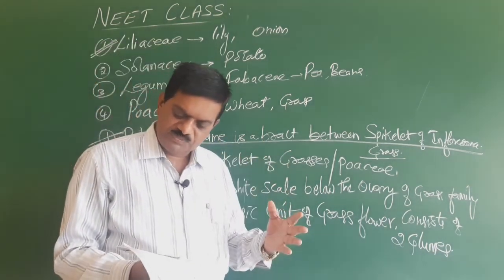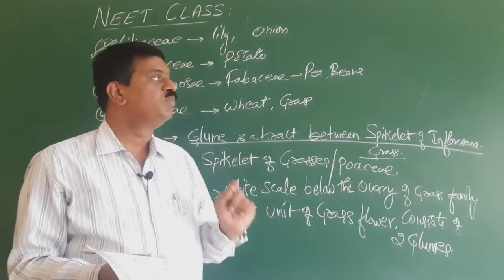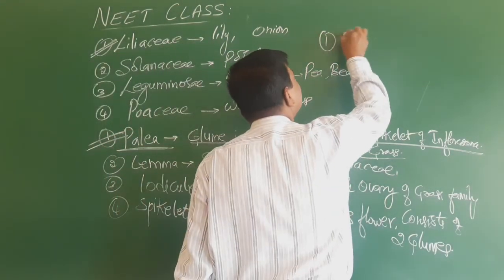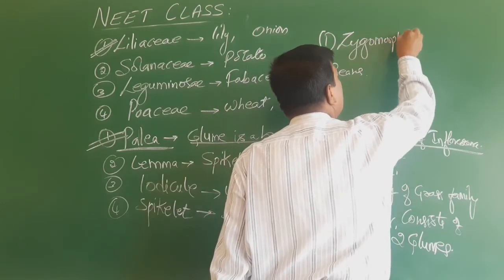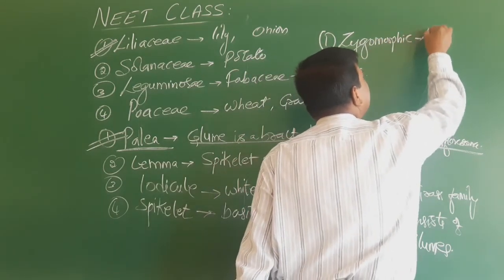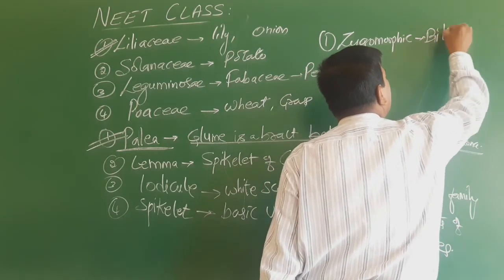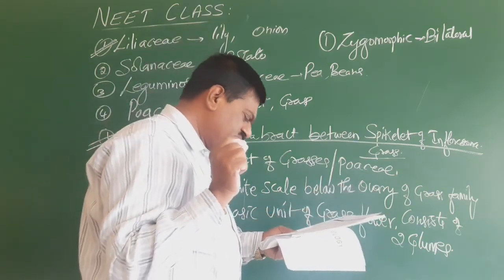The first one is zygomorphic. The word zygomorphic is nothing but bilateral symmetry. So this is not the answer.